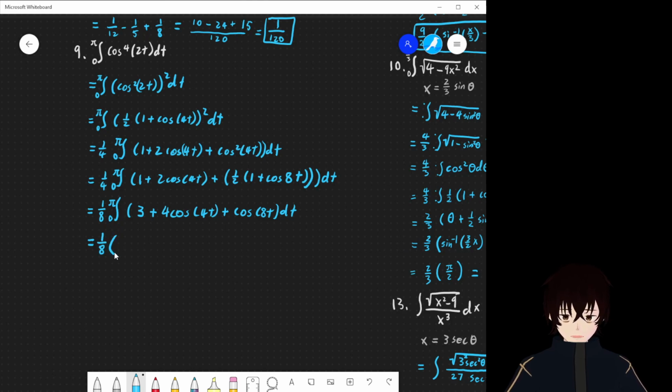So 1 over 8 times 3t plus sine of 4t plus 1 over 8 sine of 8t, from 0 to pi.